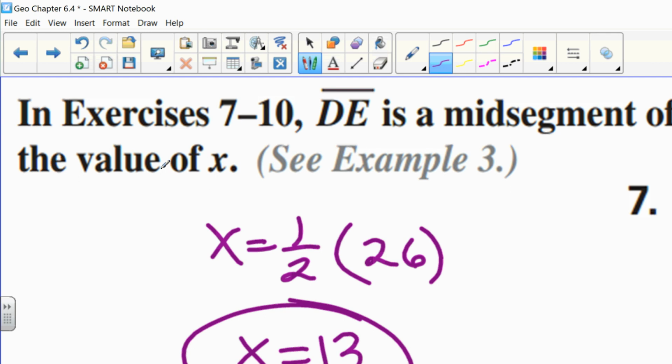So really we're saying the midsegment's half of the third side. Or really we can say what? That the third side is equal to what? Twice the midsegment. Because it's just going the other way around.